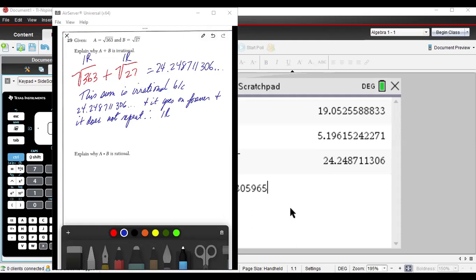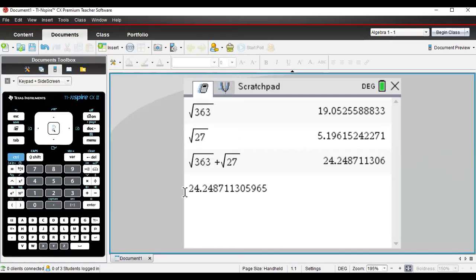Now, I'm going to do basically the same thing down here. I'm going to write the product, the square root of 363 times the square root of 27. We already know that this is irrational, and we know this is irrational. Now what we're trying to figure out is, is the product going to be irrational? So let's just go take a look.